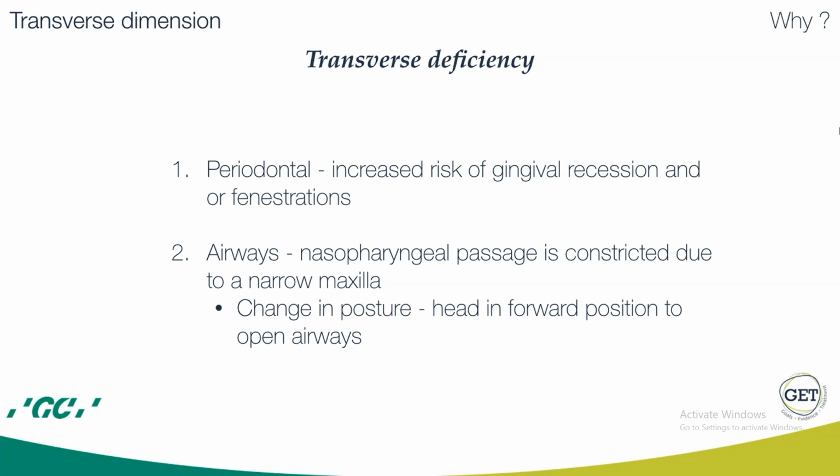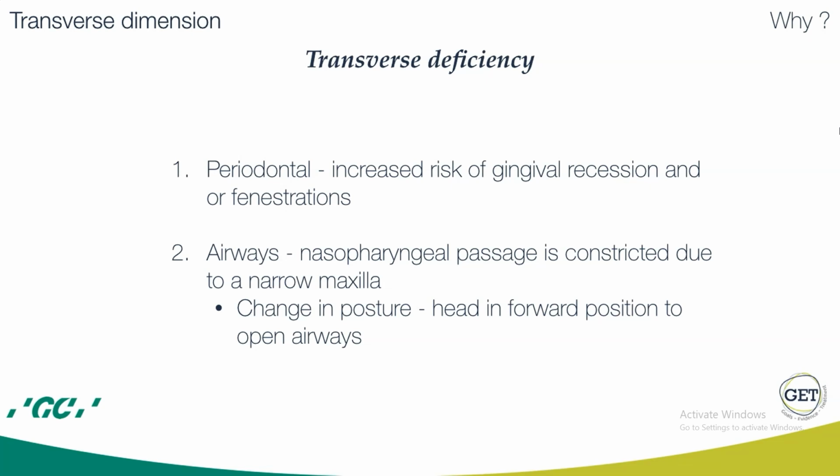Recent studies show that the elimination of working and non-working interferences enhances the long-term periodontal prognosis in patients susceptible to periodontal disease. Also, there is a relationship between a constricted nasopharyngeal airway and a narrow maxilla, which leads to a change in posture with the head in forward position and a tendency to class 2.